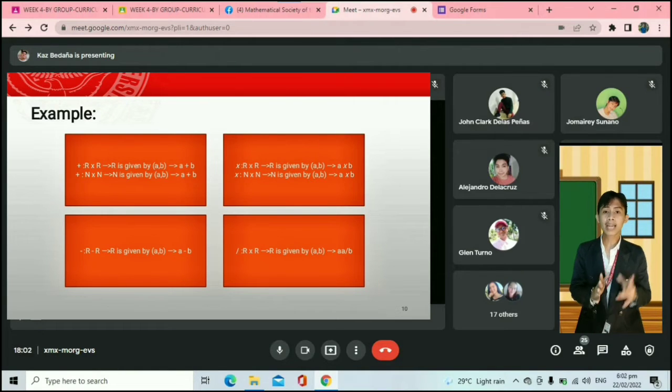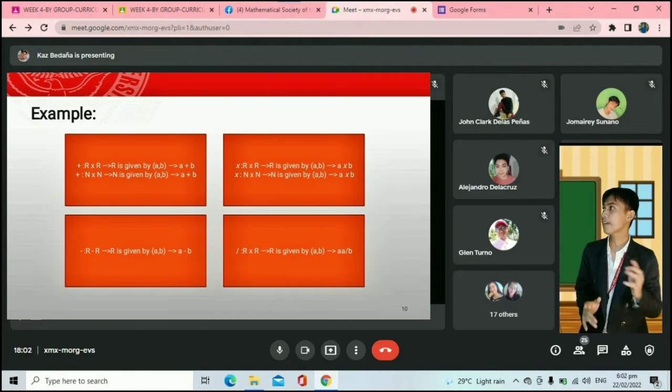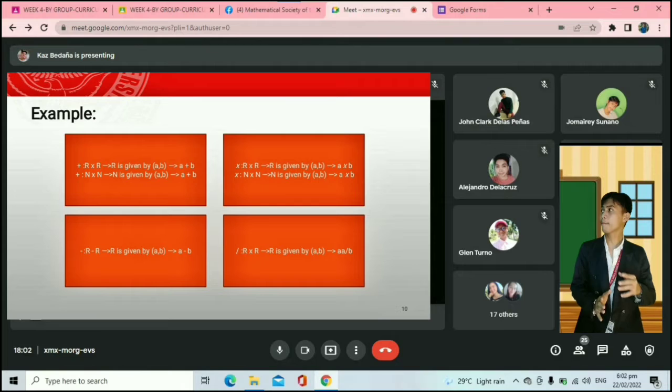If we take two natural numbers, for example 3 and 4 as a and b, then 3 minus 4 is equal to negative 1, which is not a natural number.